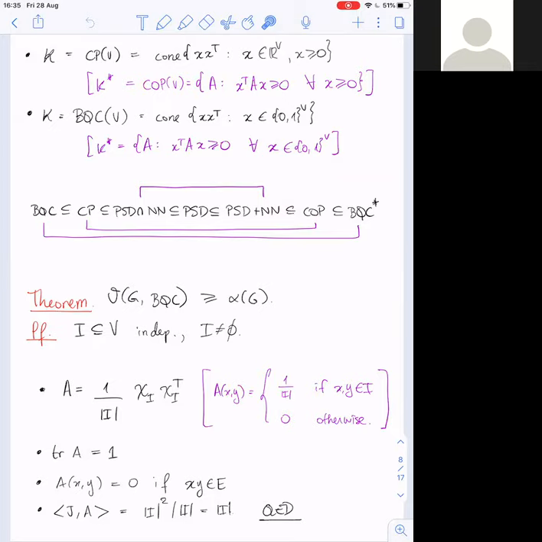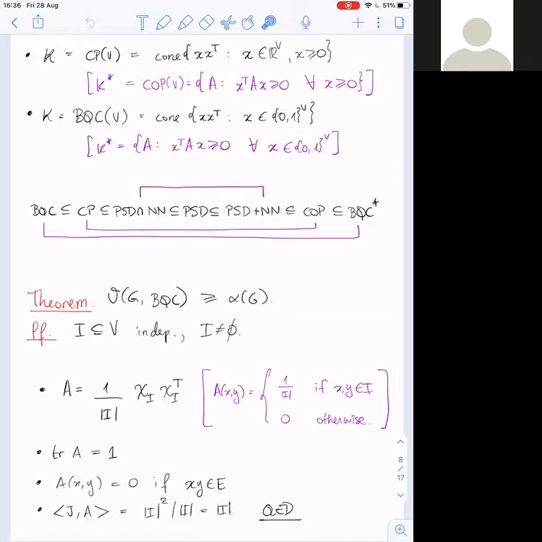And the fourth cone you can put is the Boolean quadratic cone, which is the cone generated by the external products x x transpose, but now x is not only non-negative, but actually 0, 1. So now you have a cone which is actually a polyhedral cone, because it is generated by finitely many, 2 to the power cardinality of V, vectors.